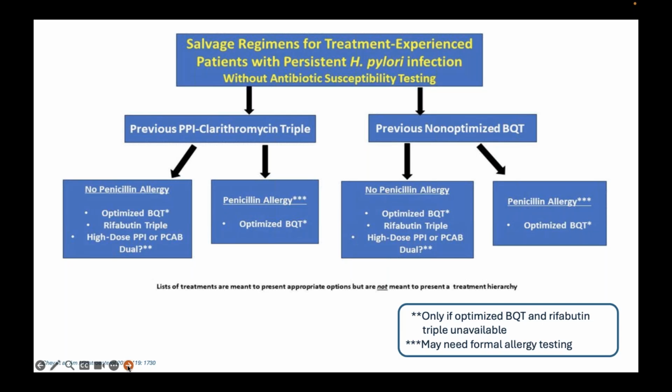Alternatives would be rifabutin triple therapy, or the combination of a PCAB and amoxicillin, or a high-dose proton pump inhibitor and amoxicillin. If the patient previously received non-optimized bismuth quadruple therapy and is penicillin allergic, then optimized bismuth quadruple therapy still pertains because it doesn't contain amoxicillin. The observant amongst you will have recognized by now that optimized bismuth quadruple therapy is rarely the wrong answer. Next slide, please.